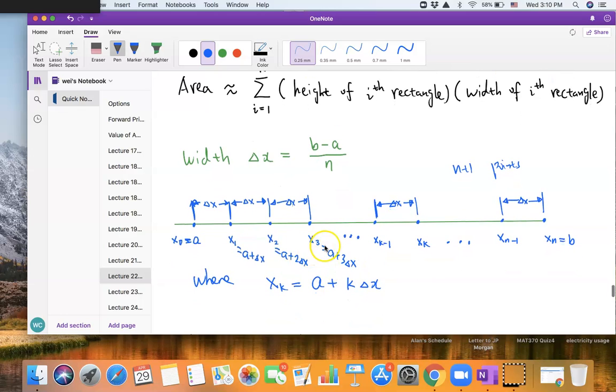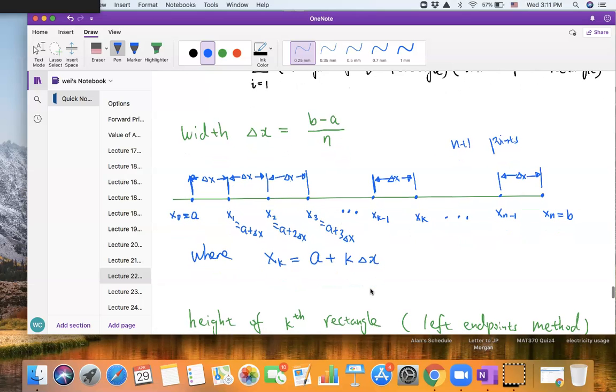Now, can you see the pattern for writing the coordinate? We can write it as a plus something times delta x, and that something is the index of the point. Therefore, the coordinate of the point xk we can write as a plus k times delta x.